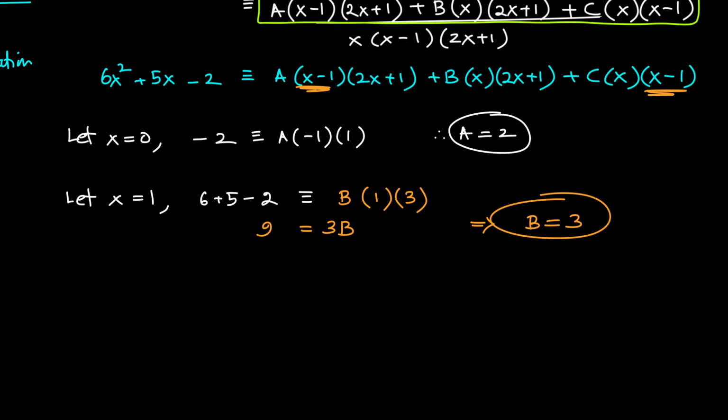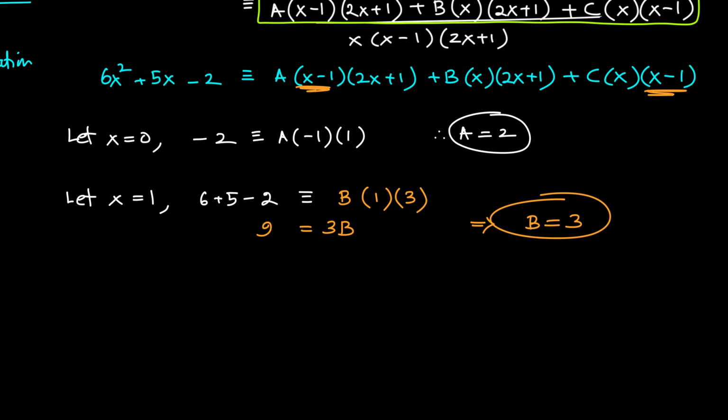So we achieved success in solving for A and solving for B. Now let's try and solve for C. So which values have we used? We have used 0. This disappears, and we found A. We then chose x equals 1, and then we made a disappear, and we made c disappear, and we found the value of b.